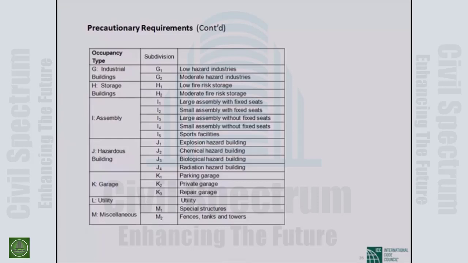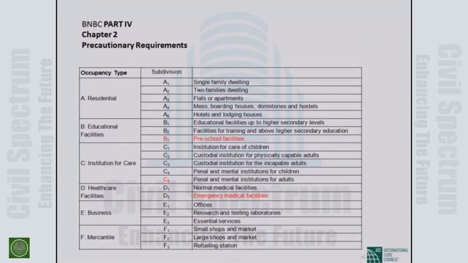So if you would like to compare our RAJUK law or our BNBC, you have to be very careful about what occupancy you are considering, because our basic idea of occupancy is different in different areas.